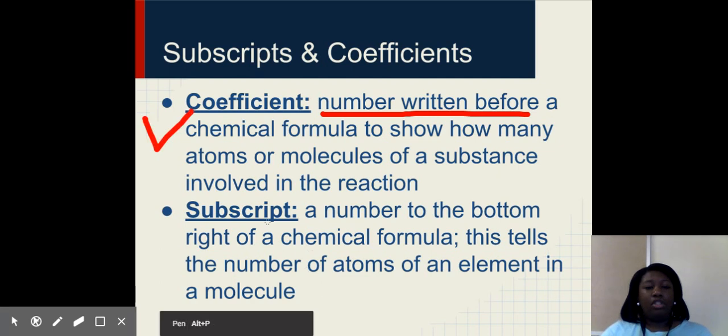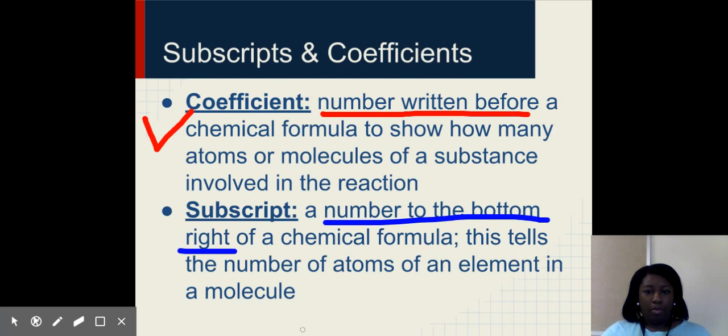But you have your subscript, the number at the bottom right of the chemical formula, and that cannot be changed, okay? I cannot change the subscript. I can change the coefficient. You can also add a coefficient if it doesn't work.